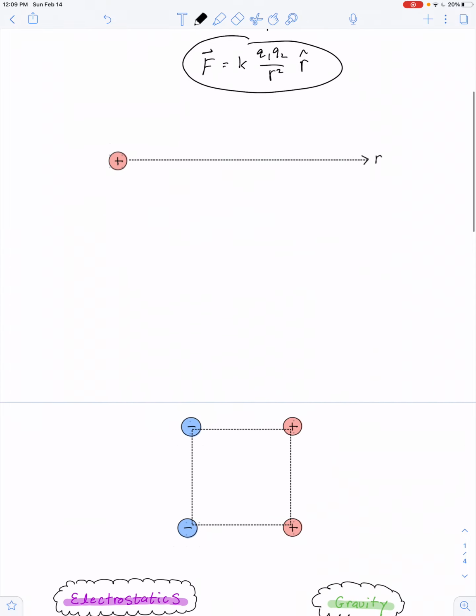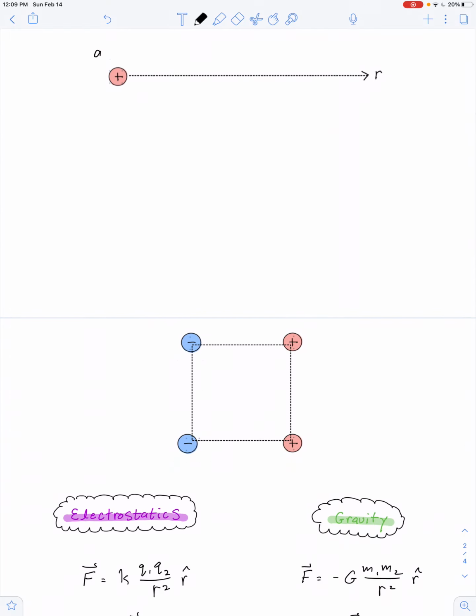Now, if we only have a single charge, I don't have to put a subscript 1 or a subscript 2 on this. If it's just a single charge, then we just call it Q. If we pick any point in space, maybe here, or here, or here, pick any one of these and say the distance to that point in question, maybe we call this point P, is a distance of r.